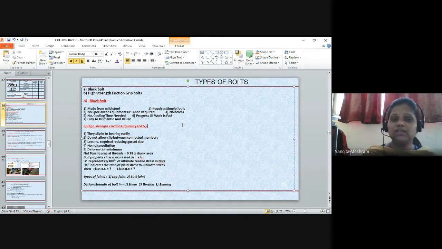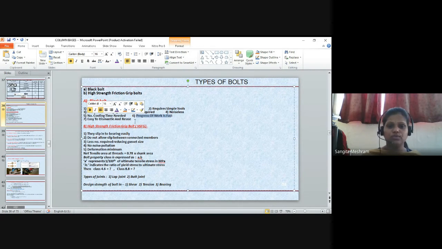These are some advantages related to the black bolt. No cooling time is needed, progress of work is fast, and it is easy to dismantle and reuse also.